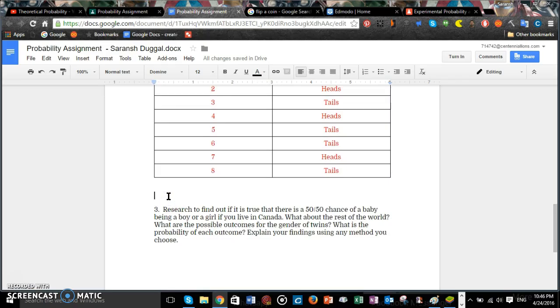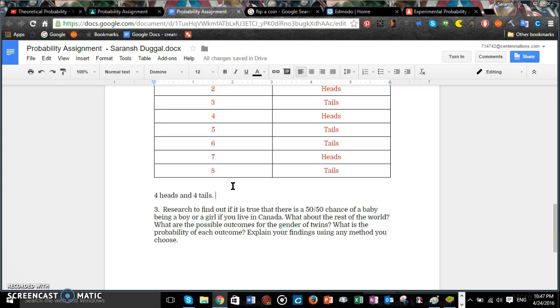So 4 heads and 4 tails. This proves that there's a half chance of getting heads and half chance of getting tails. However, this is coincidental.